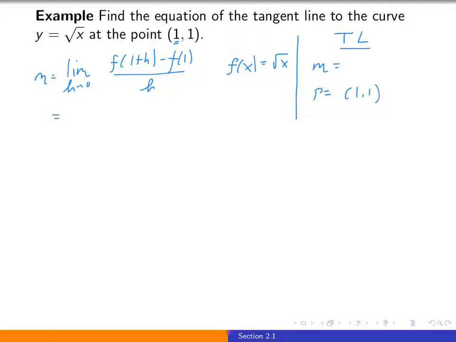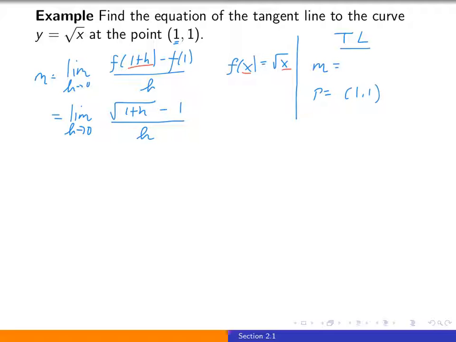So doing our function evaluation, whatever we plug into the function goes underneath the square root, so f of 1 plus h will be the square root of 1 plus h, minus f of 1, which is 1, all divided by h.